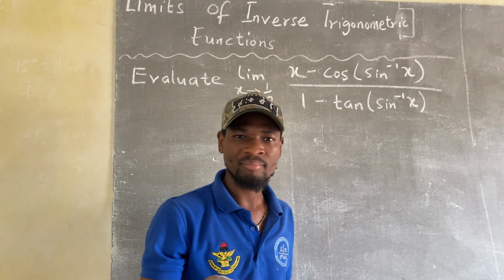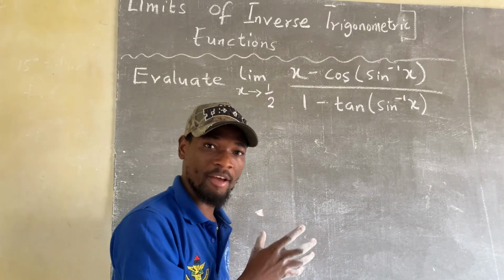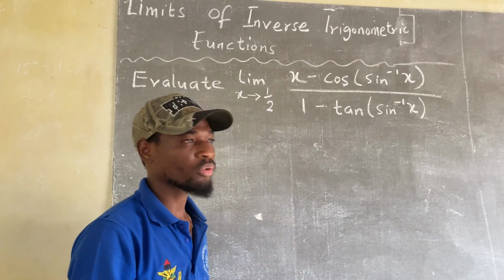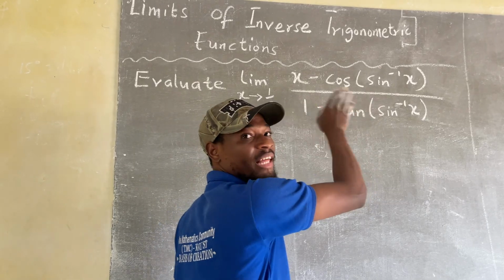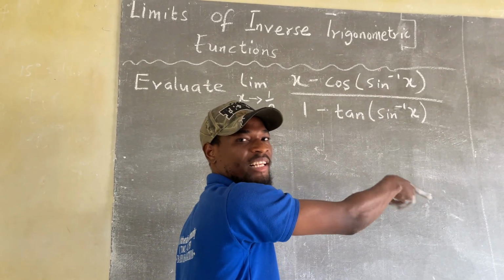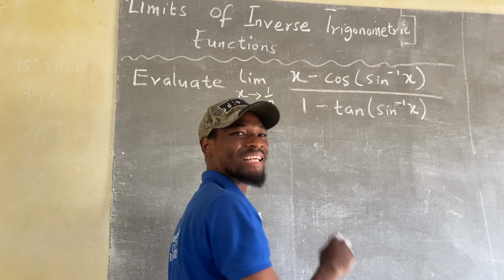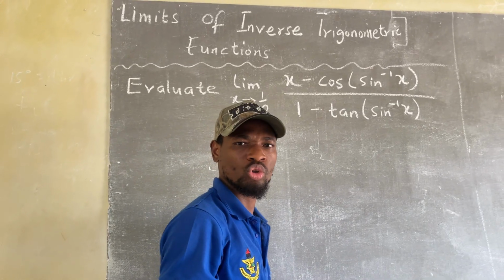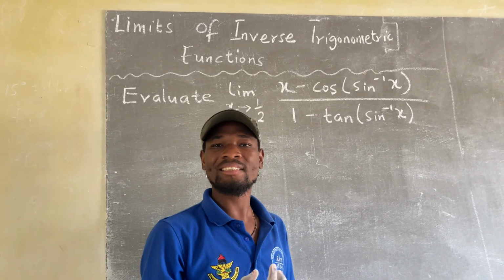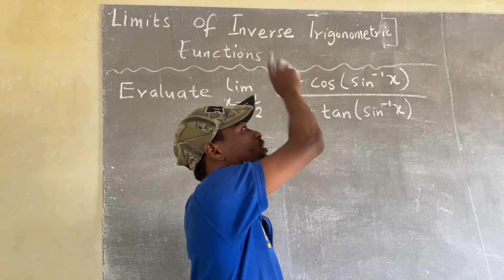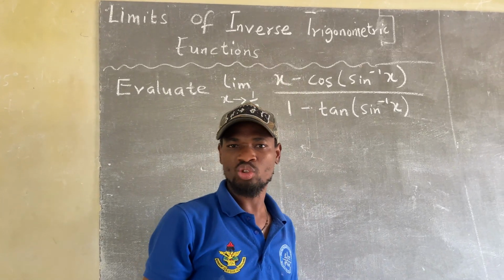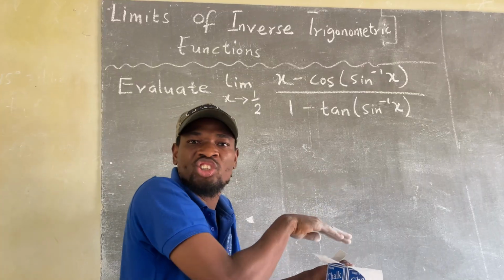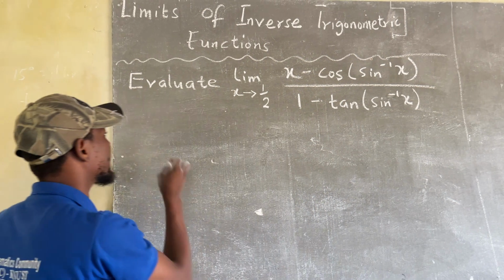Now viewers, let us observe something over here. For the numerator part we have sine inverse of x, and the denominator part we have sine inverse of x, so they are common. So why don't we let a single variable represent those functions so that it can make our function easier to manipulate?